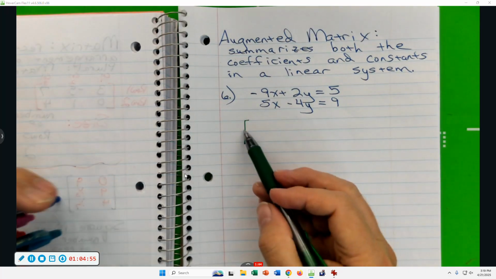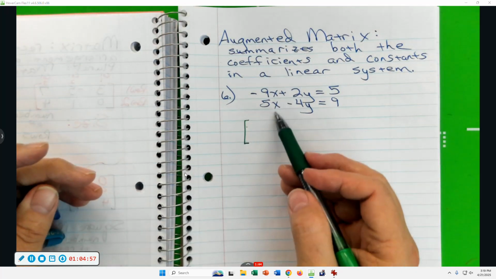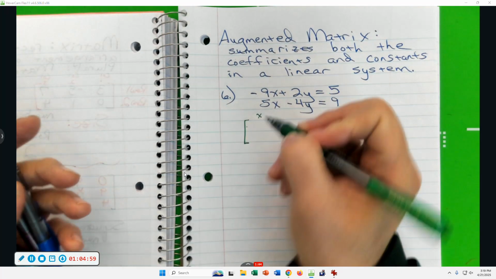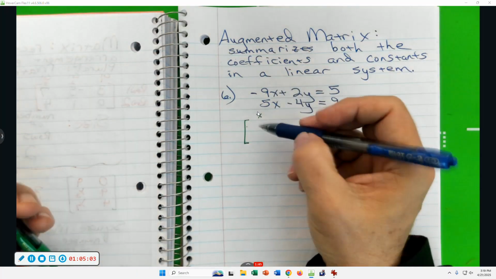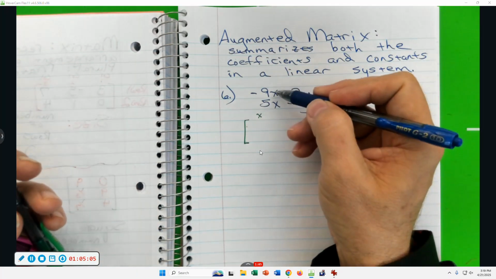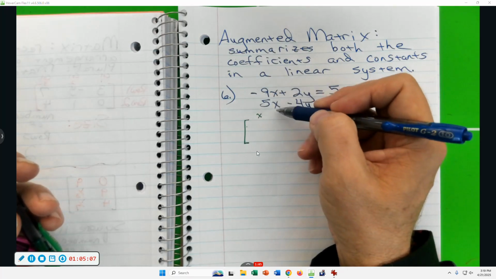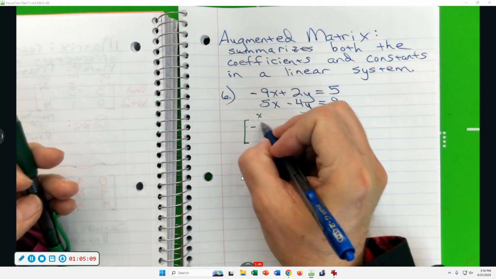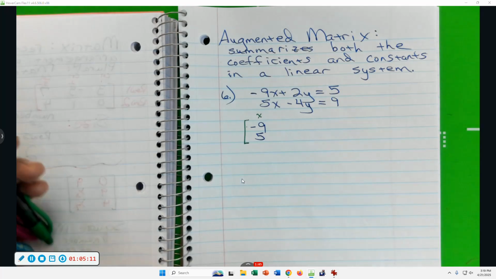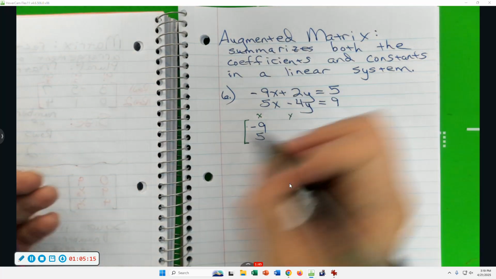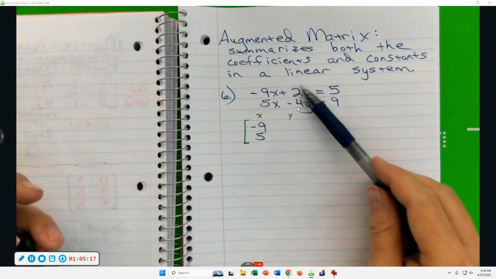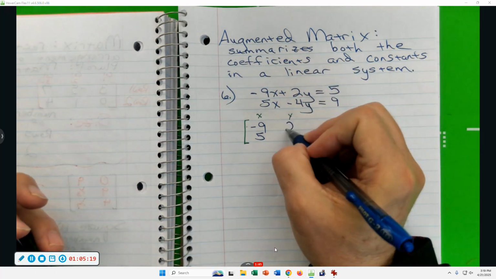The first column is going to summarize the coefficients of the x variables, -9 and +5. The second column will summarize the coefficients of y. Well, that's 2 and -4.